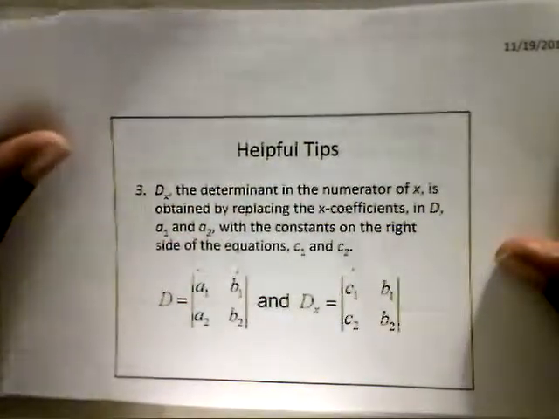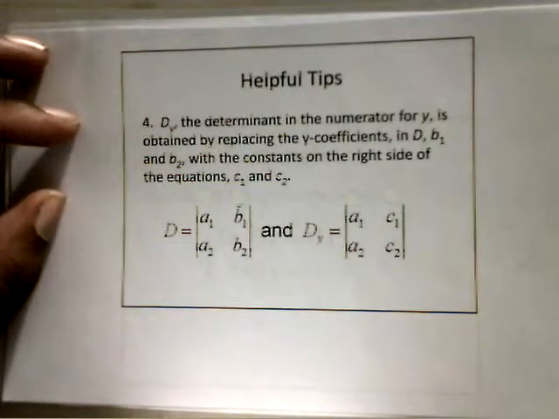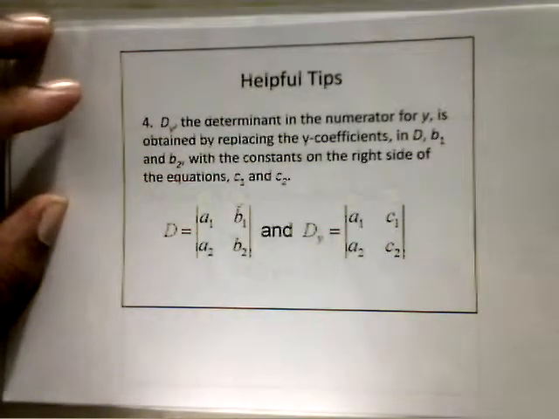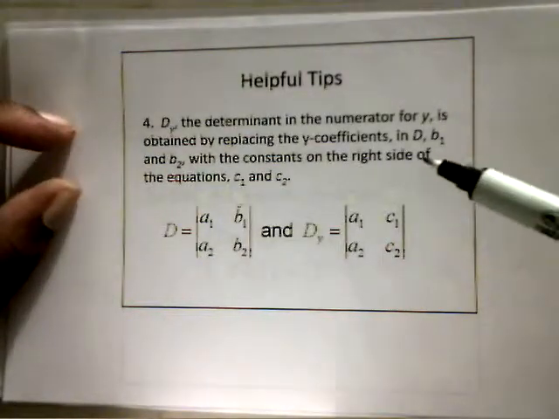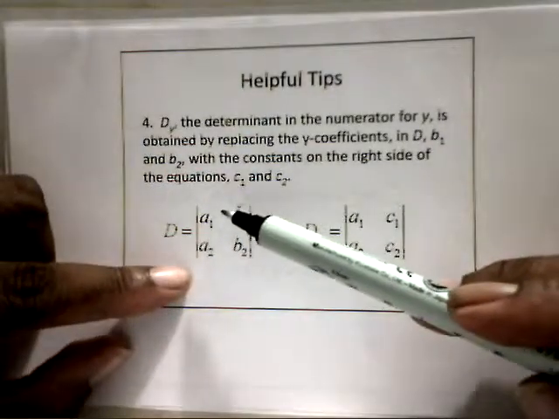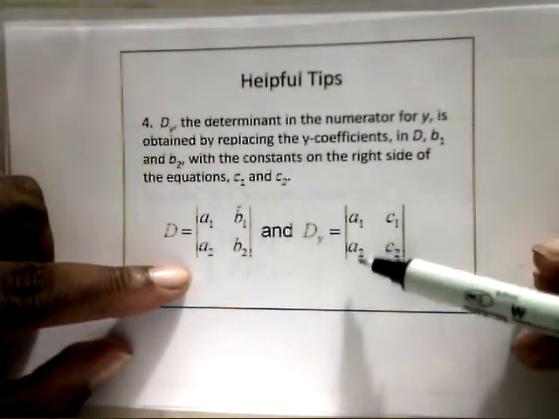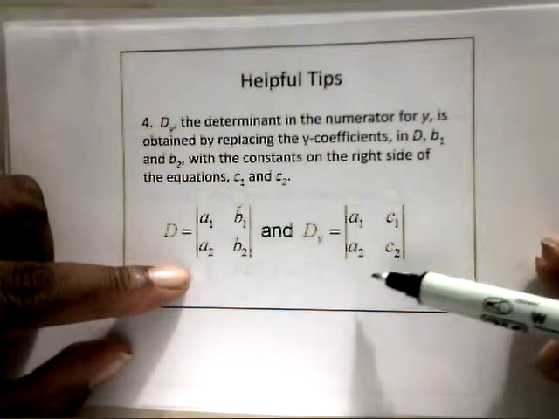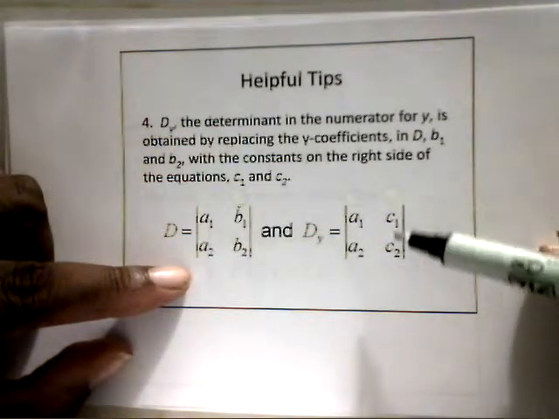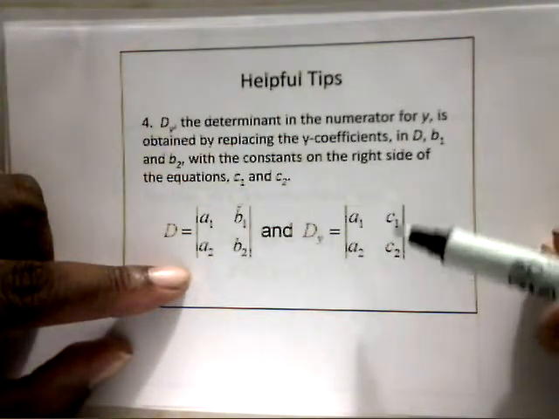Now for D sub y, the determinant of the numerator for y, you replace your y coefficients with your constants. So this is what D looks like. For D sub y, the a1 and a2, your coefficients of x, remain in the first column. But in the second column, your y coefficients, b1 and b2, will be replaced with your constants.